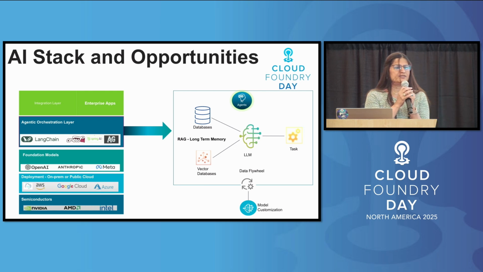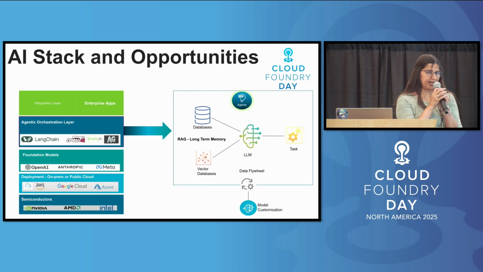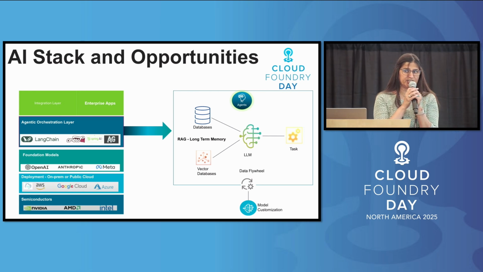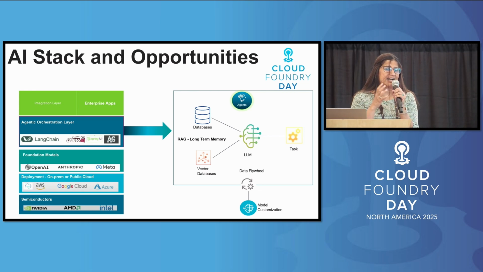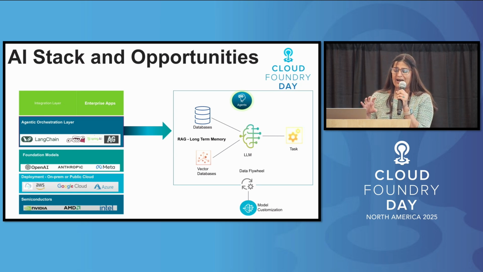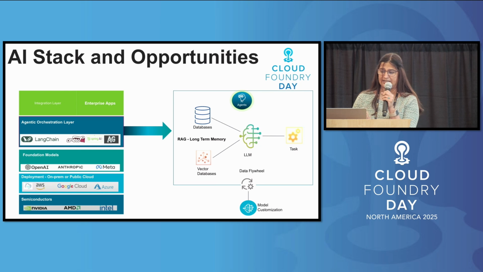This is the simplest definition that I found: these are blocks of code that have reasoning capability, and they are trained on a specific task. I told you the specific task can be business process automation, DevOps agents, or healthcare agents, things like that. And the brain behind these agents is the LLMs, or large language models.